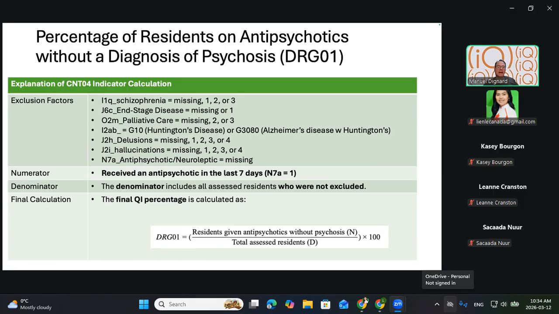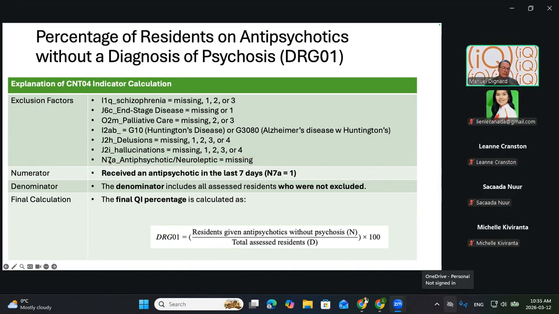So when we're looking at the exclusion factors: schizophrenia, end stage disease, palliative. If you said they had Huntington's disease, delusions, hallucinations, or if you did not answer the question about antipsychotics.